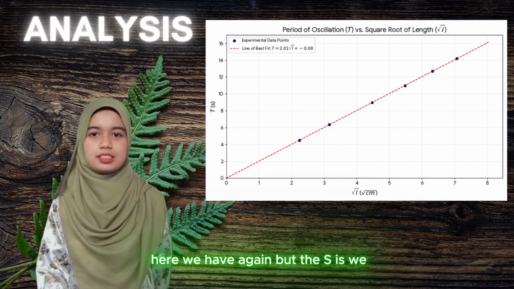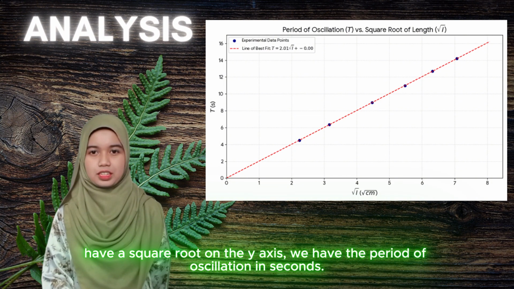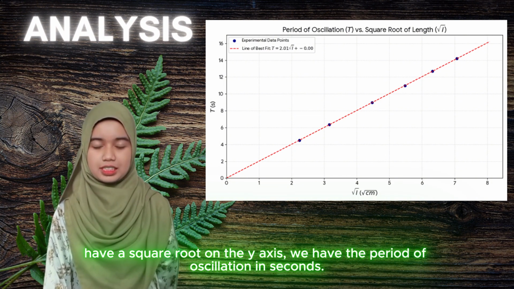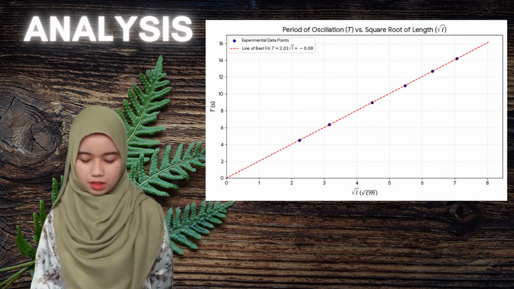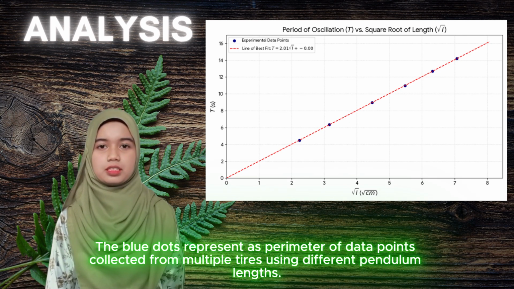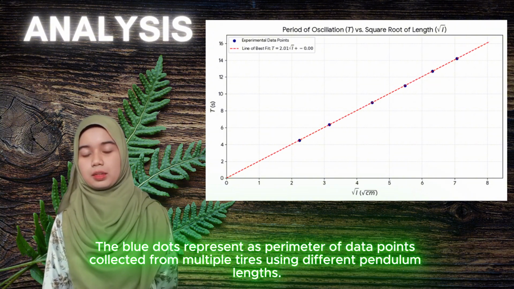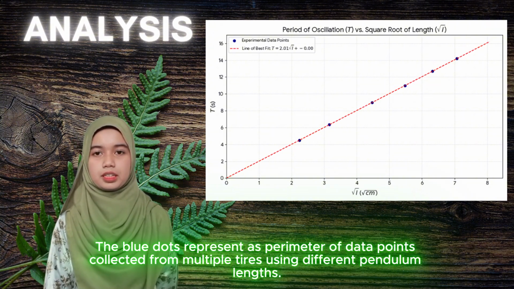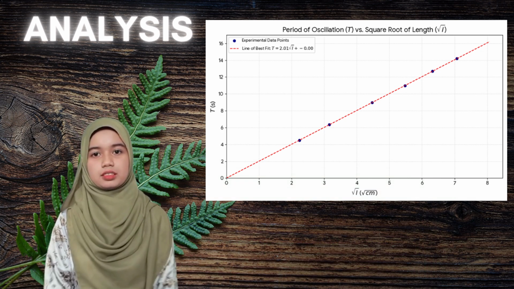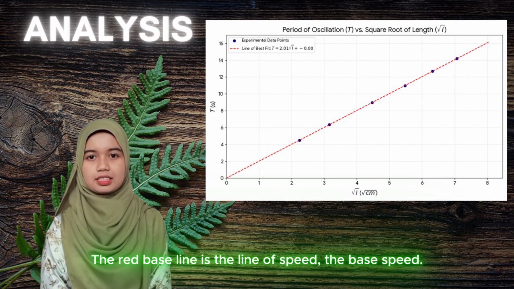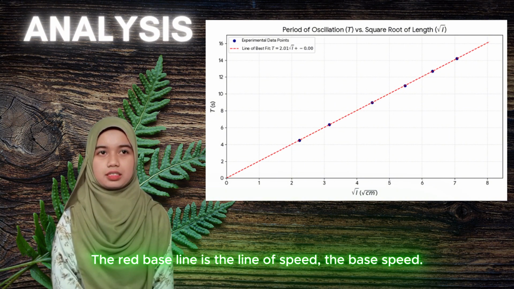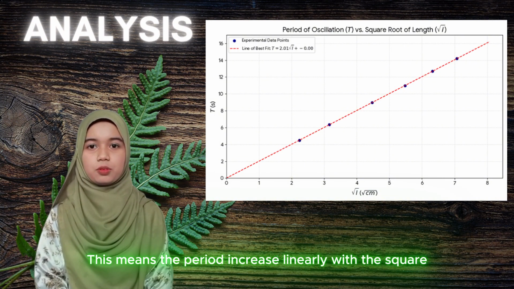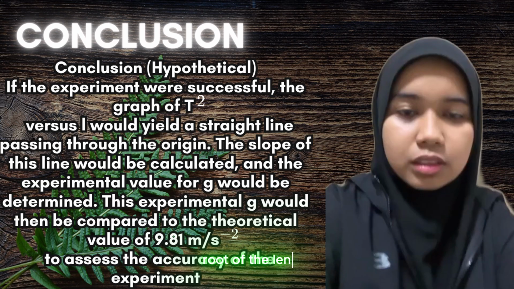Here we have a graph. On the x-axis, we have the square root of the length. On the y-axis, we have the period of oscillation in seconds. The blue dots represent experimental data points collected from multiple trials using different pendulum lengths. The red dashed line is the line of best fit. This means the period increases linearly with the square root of the length.